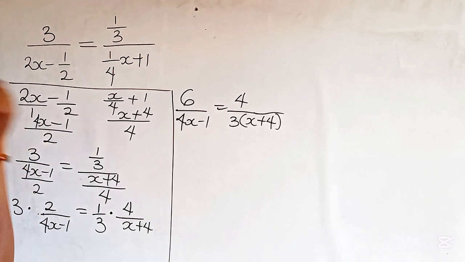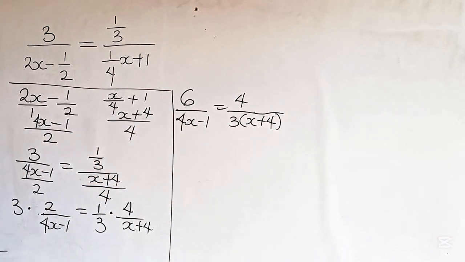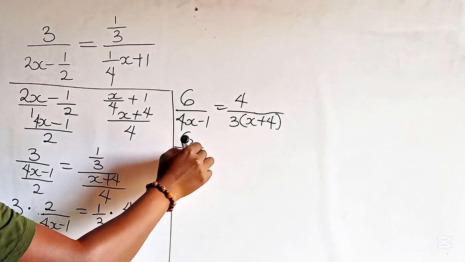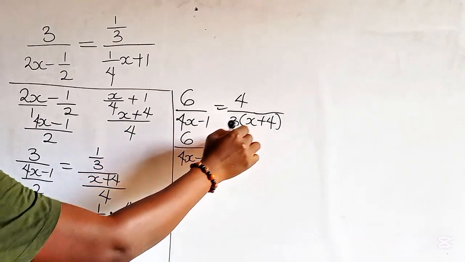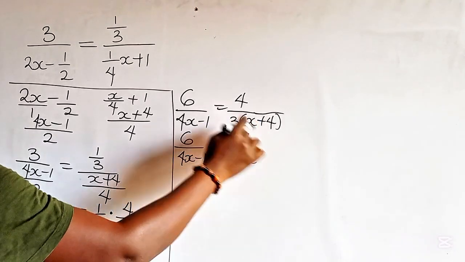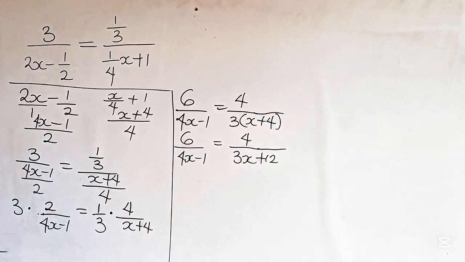Okay, so to simplify with ease, let's expand this bracket. We are going to have 6 all over 4x minus 1 is equal to 4 all over 3 times x is 3x, 3 times 4 is 12. Okay, now we have single fractions at both sides of the equation.